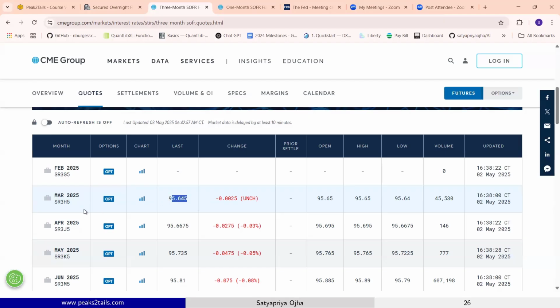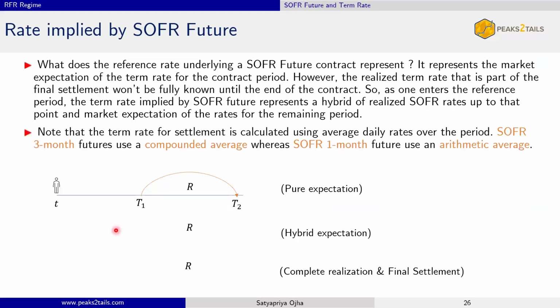That rate is between March 3rd Wednesday and June 3rd Wednesday. But now we are in the month of May. So we are in a situation where the rate is partly realized, which is fixed, and there is expectation. Let me show you the slide. It will make sense.